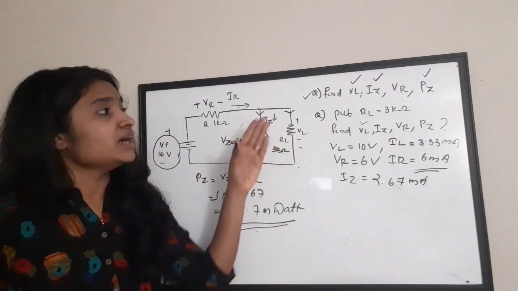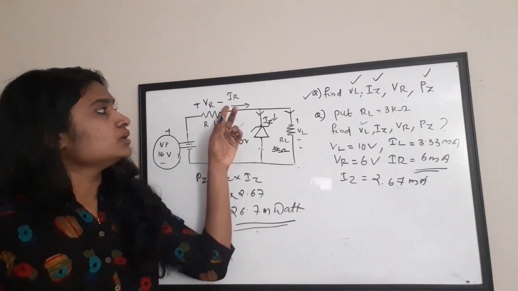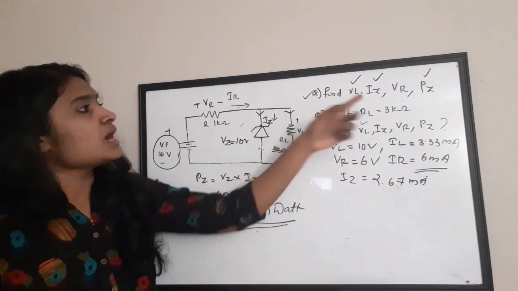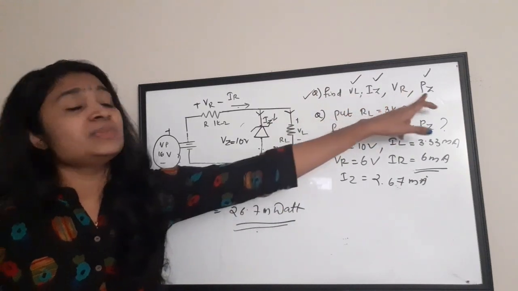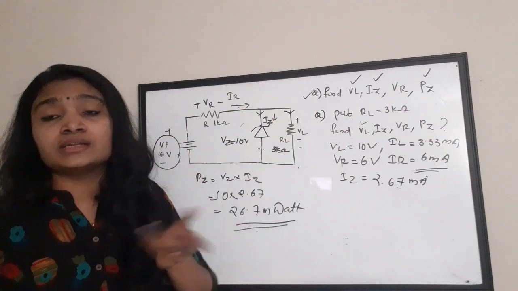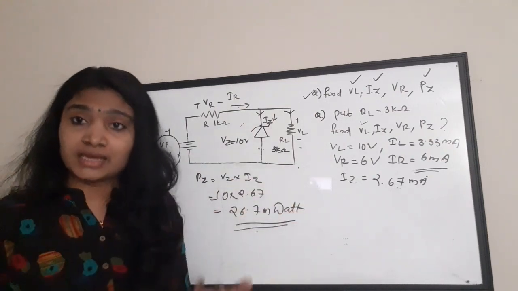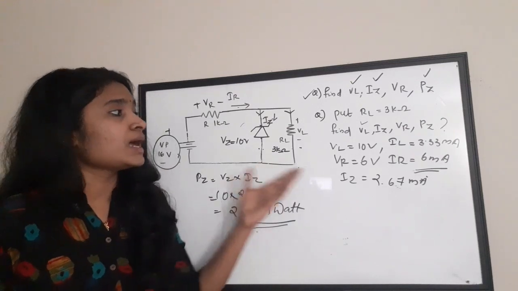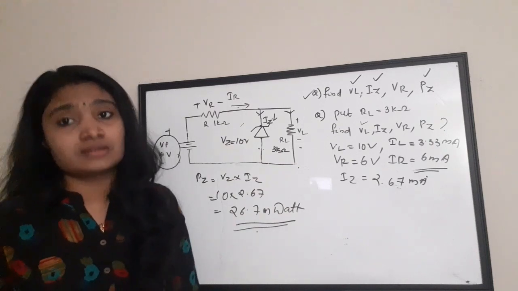We had to calculate VL, IZ, VR and PZ. In that case, IZ and PZ were 0, since the diode was not conducting, there is no power and no current. But in the second case, the diode is conducting, the voltage drop is equal to the threshold voltage, and we have to calculate all the other parameters. Okay, I hope that the concept is clear now.